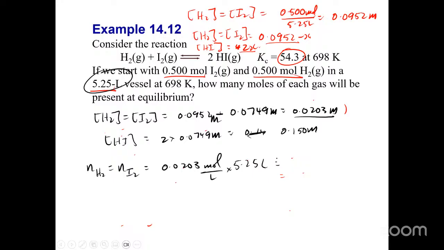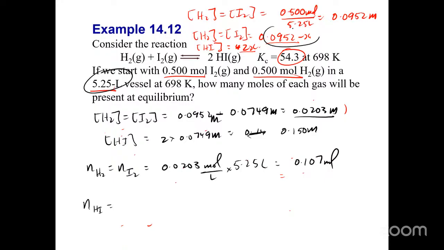So 0.0203 times 5.25 will give 0.107 moles.